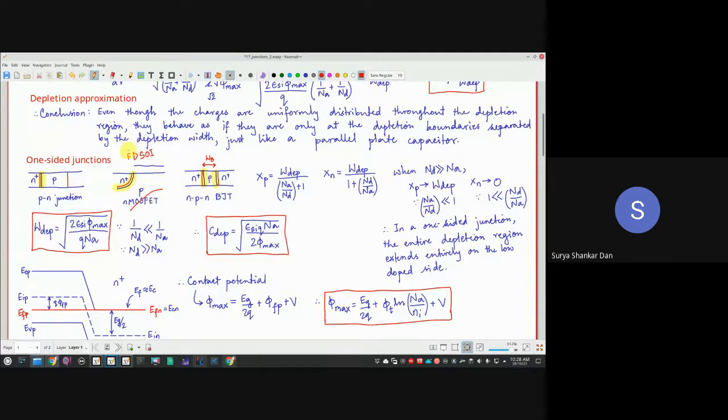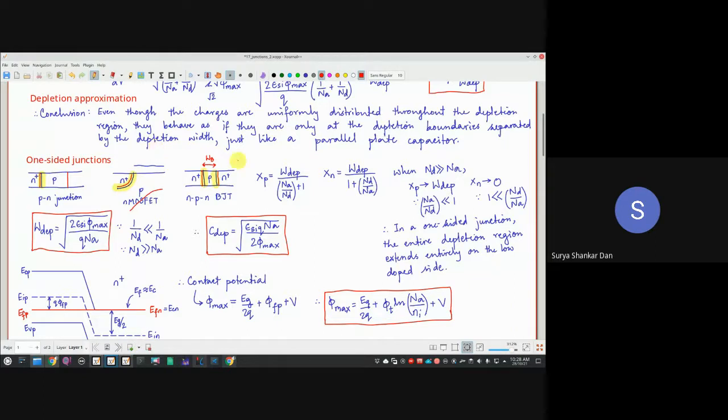We will understand FDSOI towards the end of this course. FDSOI is a solution to short channel effects. After we study short channel effects in a MOSFET, we will understand how FDSOI mitigates them.